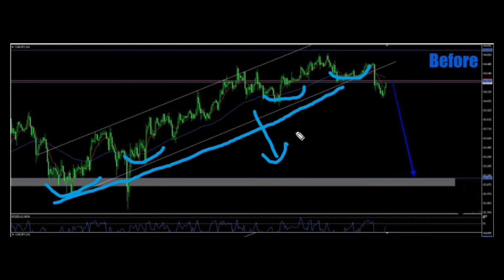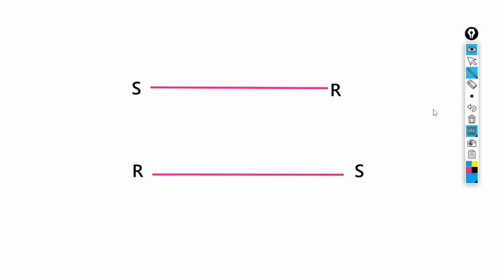So I want to cover a simple concept real quickly for you guys to understand what this actually means. This S here stands for support, meaning that as long as we're still above this line here, we are looking for buying opportunities. Only when we cross, that's when we're going to look for selling opportunities, meaning that our floor will become our ceiling.